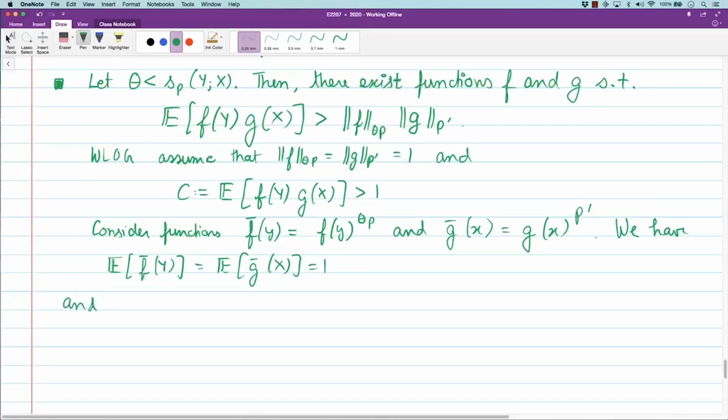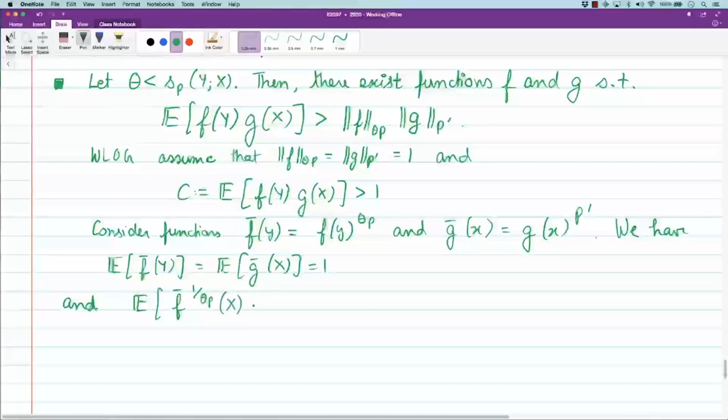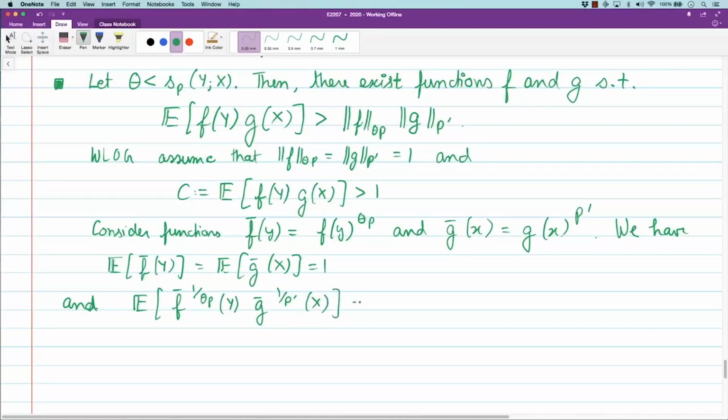And that the expected value of f bar to the power 1 by theta p times g bar to the power 1 by p prime is equal to c, which exceeds 1.